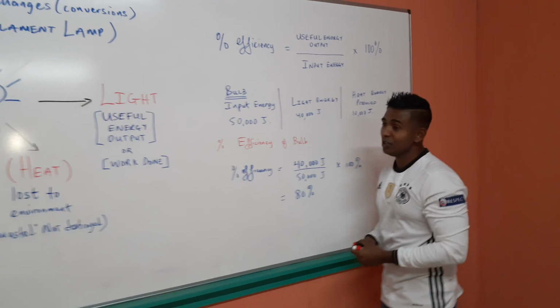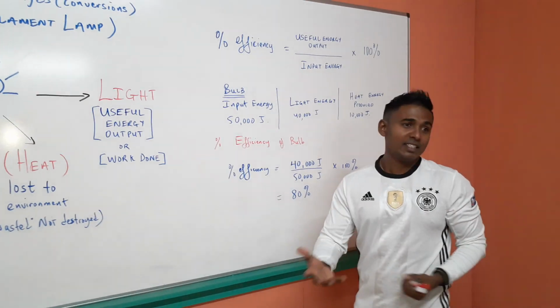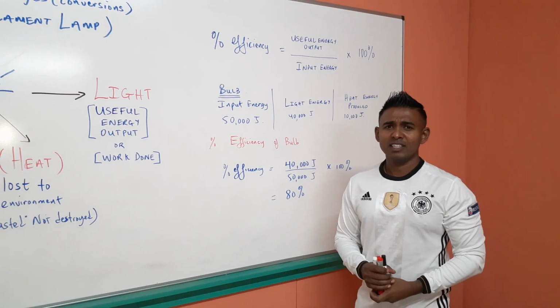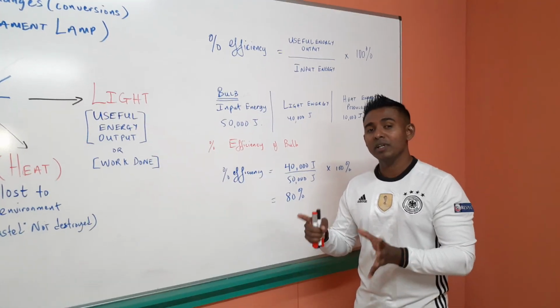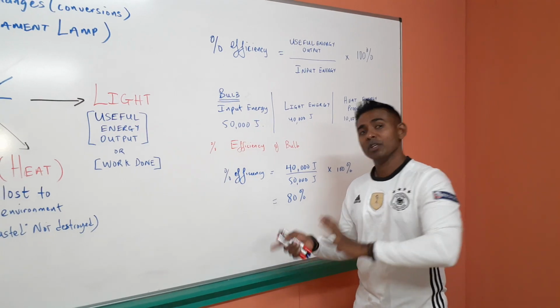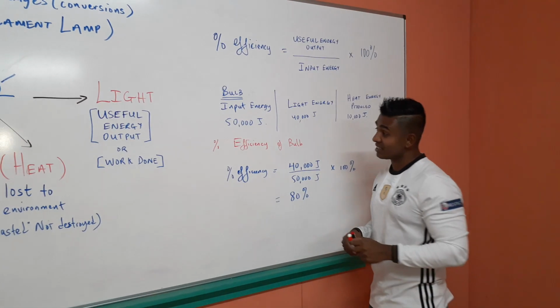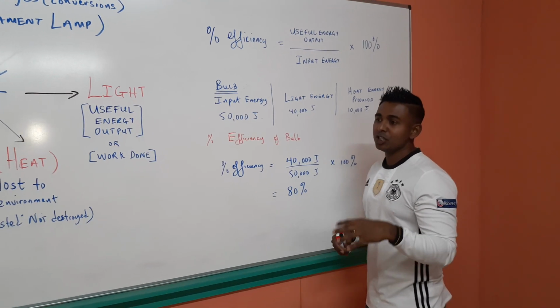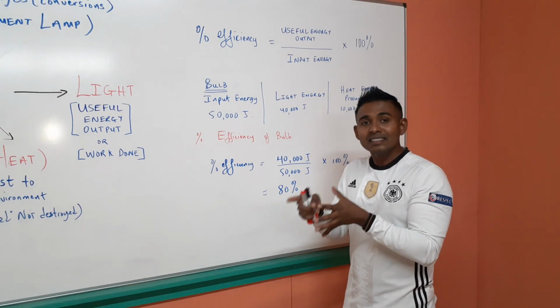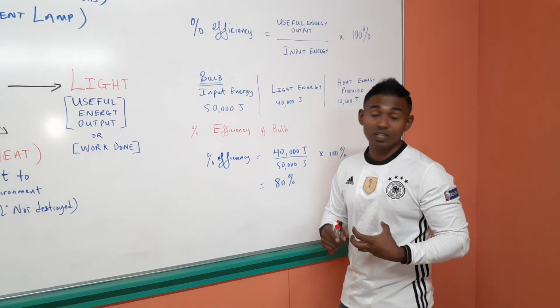It also says that if a machine is 110% efficient, it's actually creating energy. And the law says that energy cannot be created or destroyed, but can be changed from one form to the next, right? All machines should be less than 100% efficient.